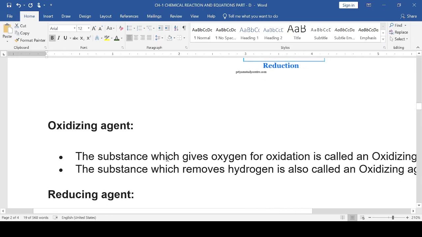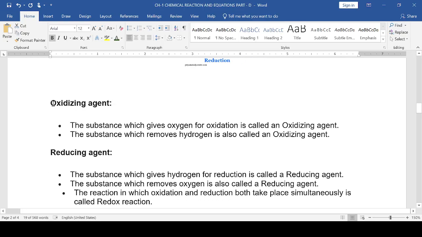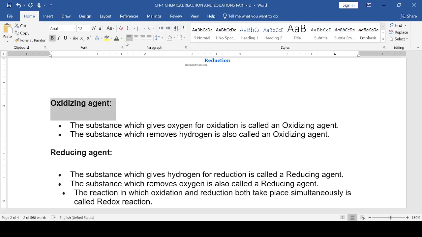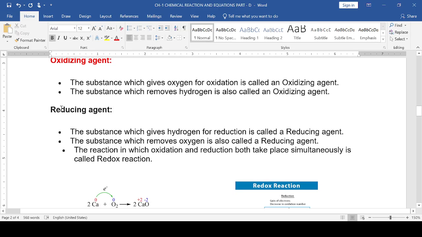Oxidizing agent. What do you mean by oxidizing agent over here? The substance which gives oxygen for oxidation is called an oxidizing agent, and the substance which removes hydrogen is also called an oxidizing agent.